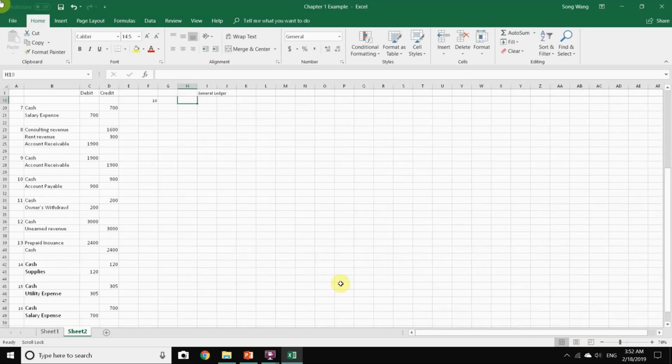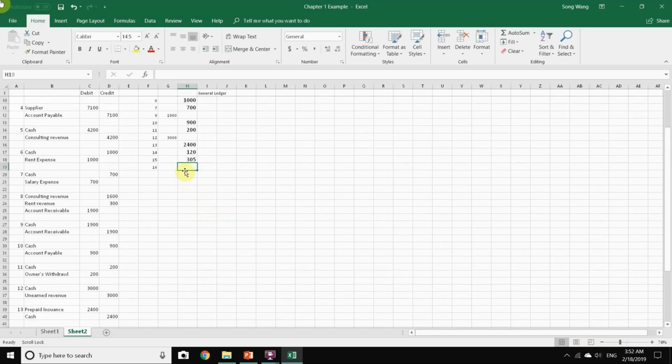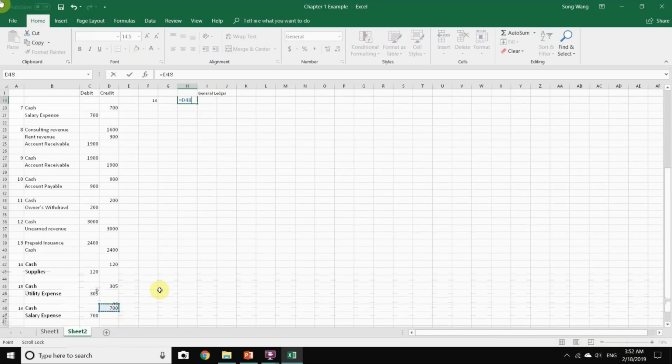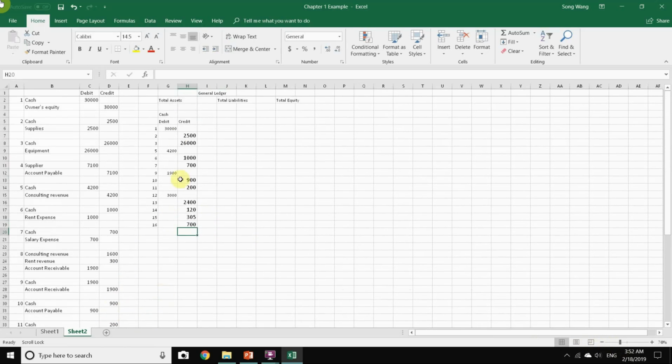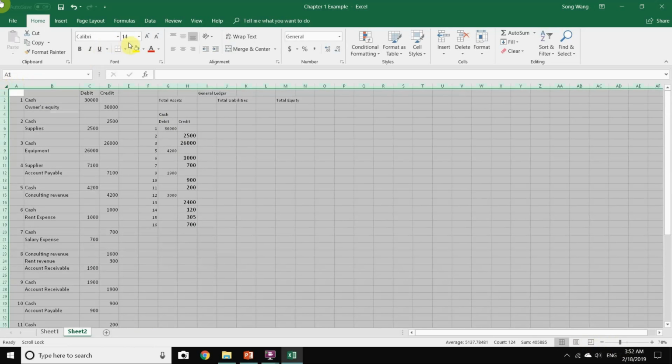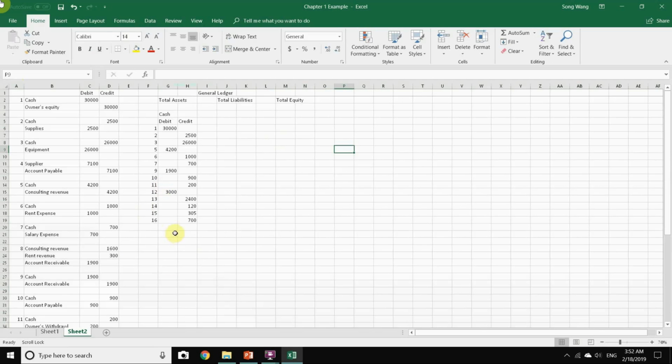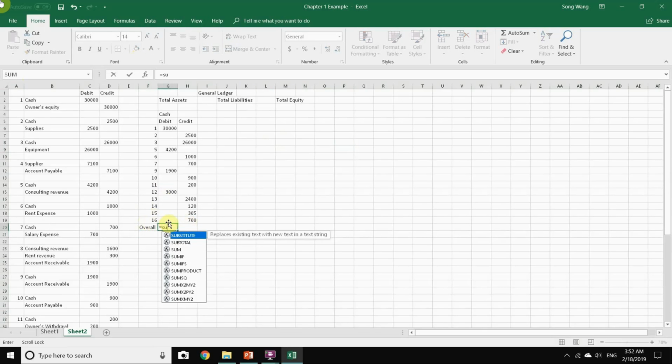So let me just zoom out so we can see this better. Number 16 is 700 credit. All right. So I'm going to change all the font here to 14. All right, let's just make them uniform. And then for the overall balance here, you're going to use the summation.